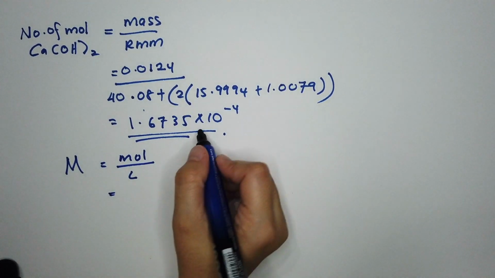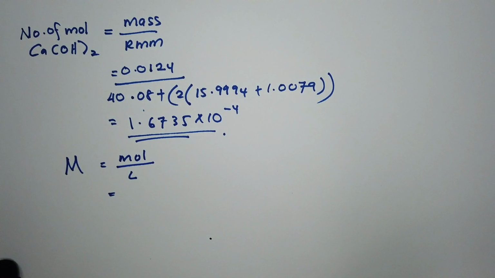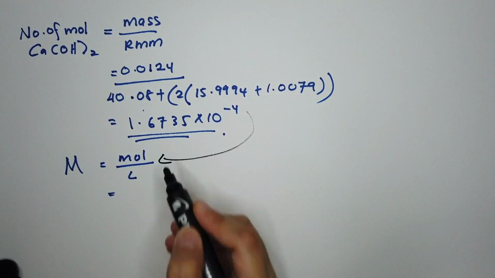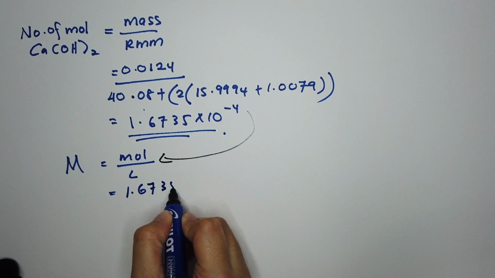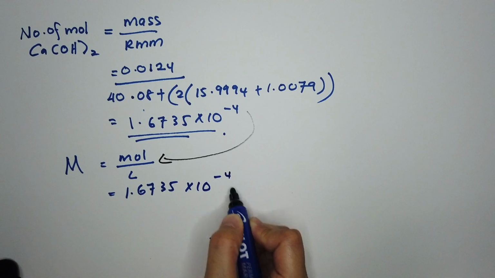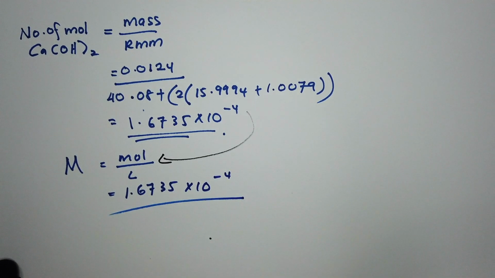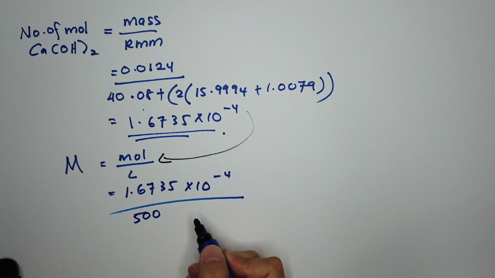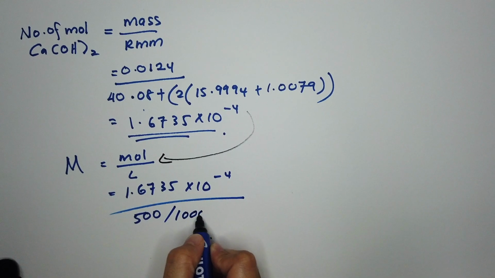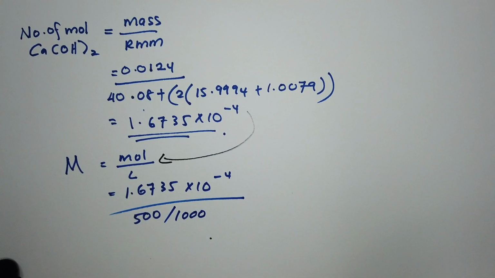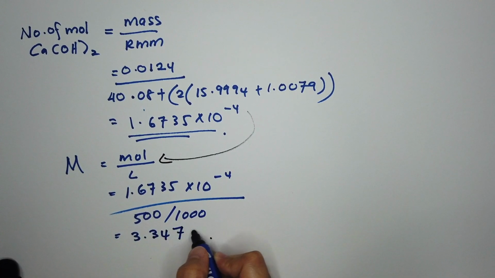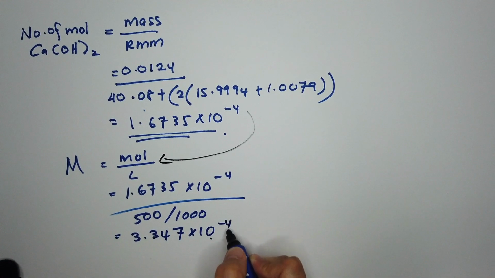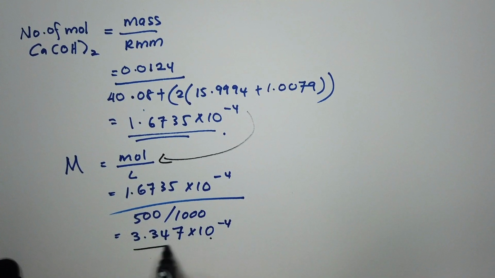So mole is this one, just bring it. 1.6735 times 10 to the power of negative 4, and the volume is 500 ml, so divided by 1000 because you want to convert it to liter. So you should get the molarity equivalent to 3.347 times 10 to the power of negative 4. Right, this is the molarity.